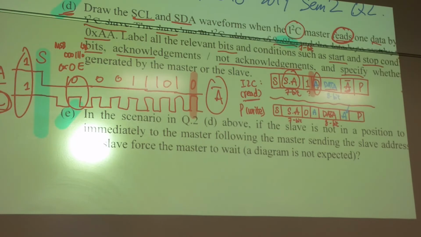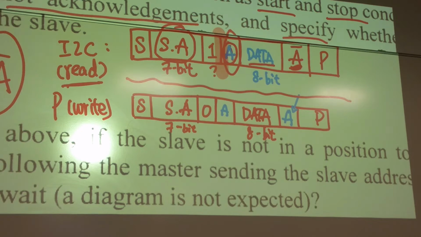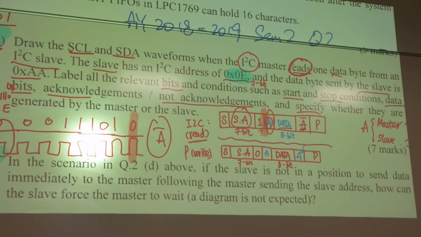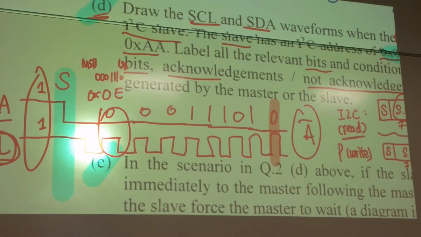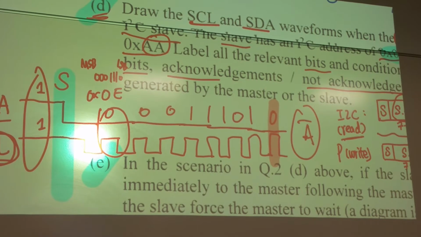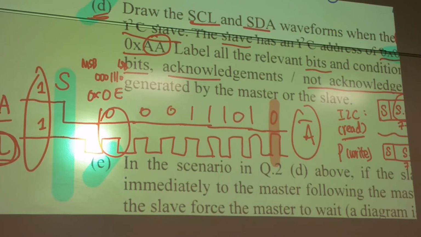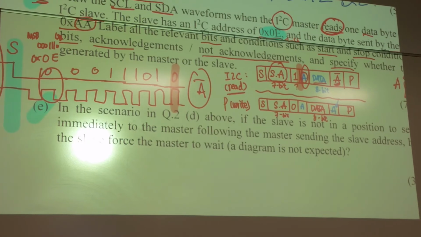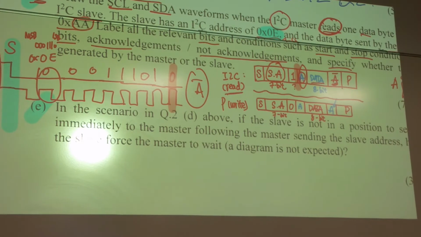Then the data. What's the data you are sending? AA. What is AA? 1010, 1010. So these are the 8 bits. Again, I don't have space to draw here, but you should have 10101010 together with your clock.